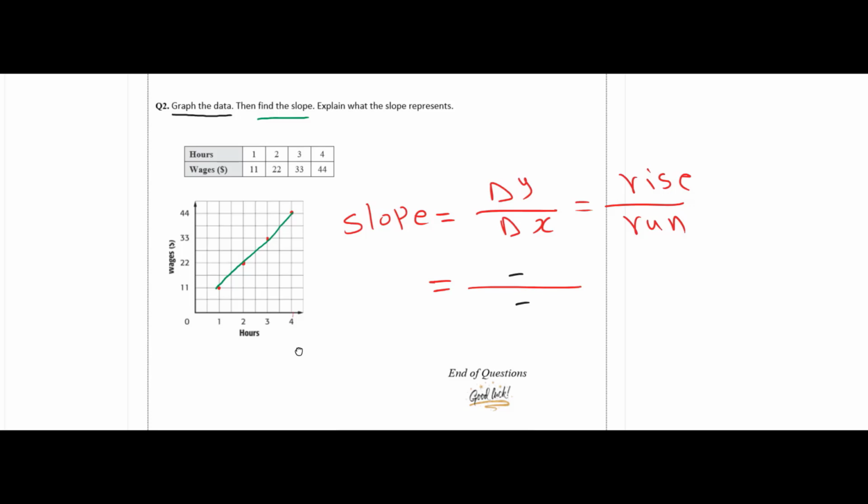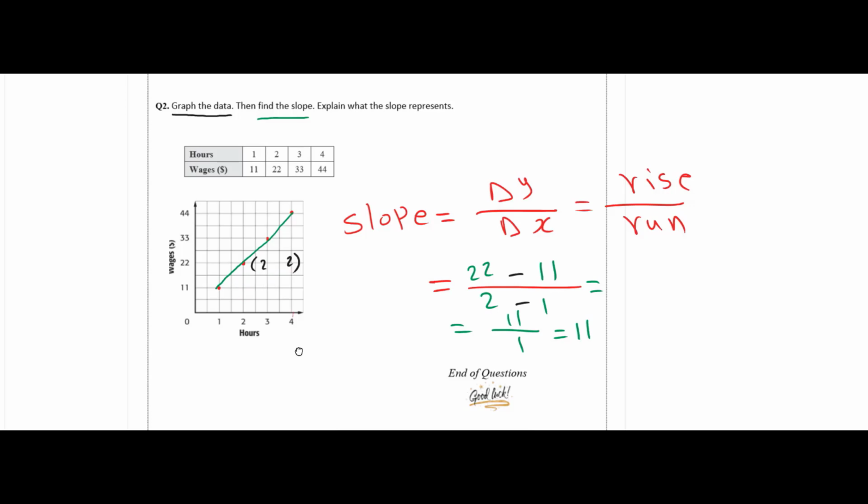This point is x is 1 and y is 11, and this point is x here is 2 and y is 22. Now change in y, we'll do y minus y, 22 minus 11 over x minus x, it will be 2 minus 1. Then the answer here will be 11 over 1 will be 11.